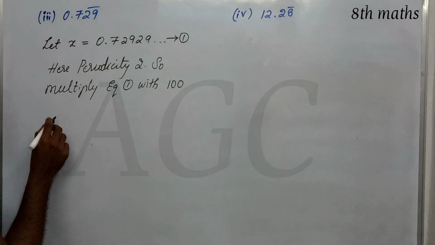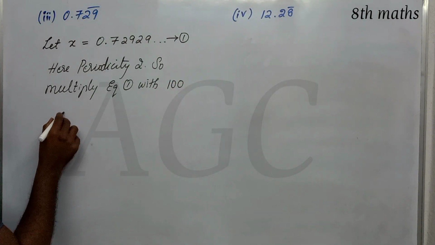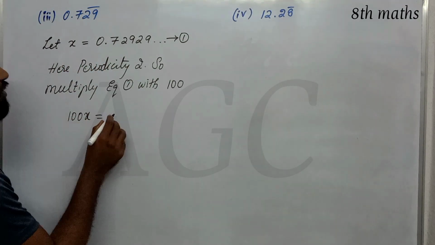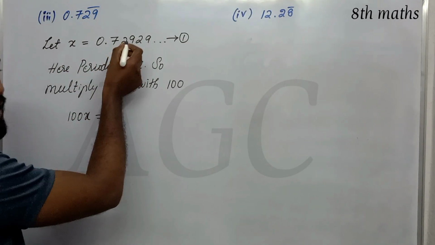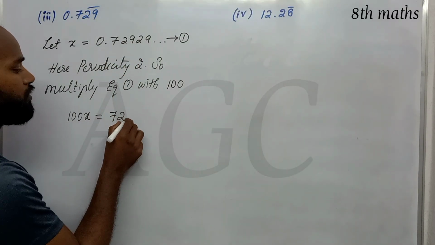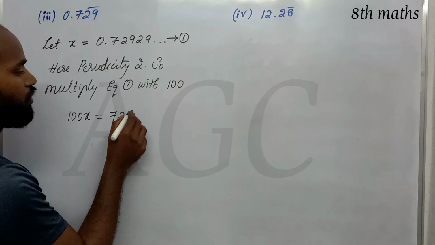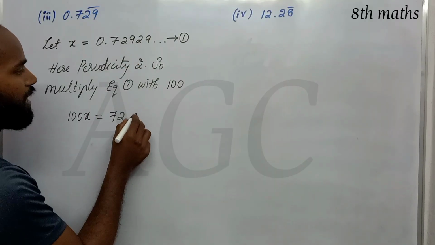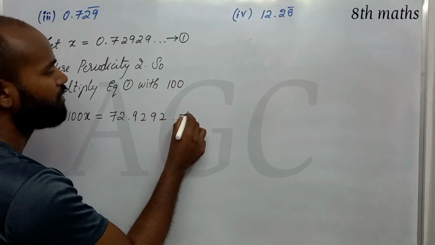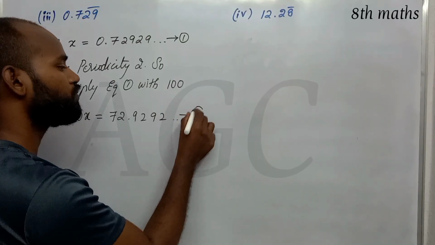Okay, so now x into 100, it is nothing but 100x is equals to, so if I am multiplying with 100, then 2 digits will come forward, 72 point, so remaining what is there, 9292 and so on. It is equation number 2.